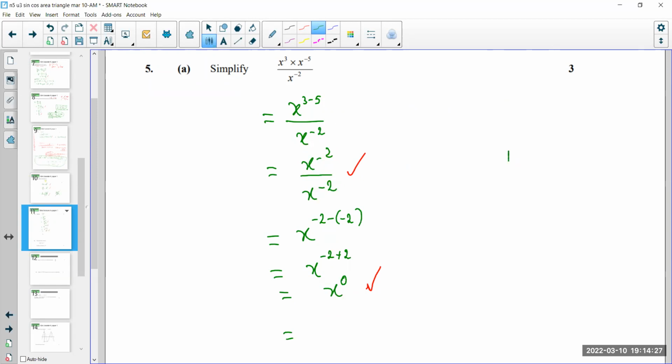Let's say x equals 1. 1 to the power minus 2 is just 1 over 1 squared. What is 1 divided by 1? 1.